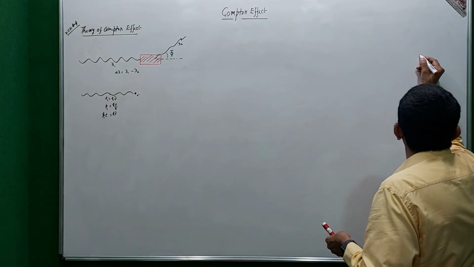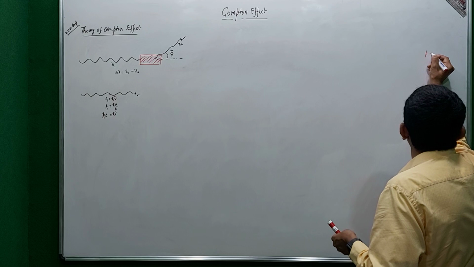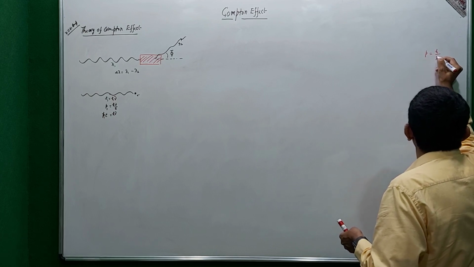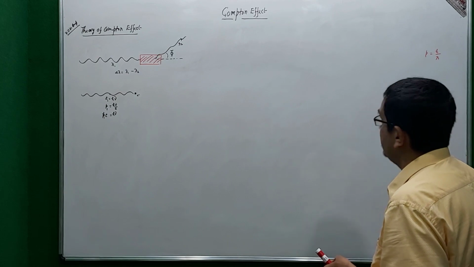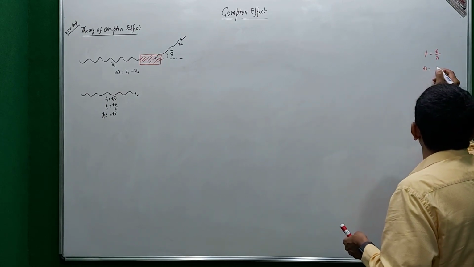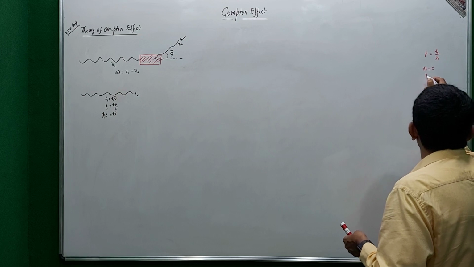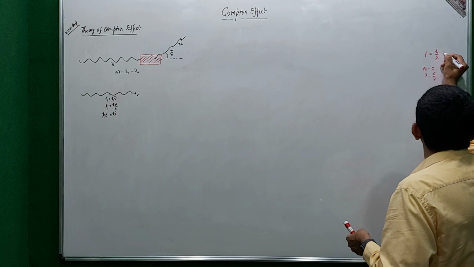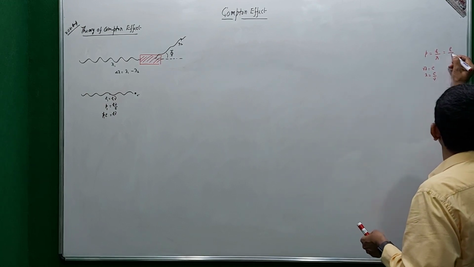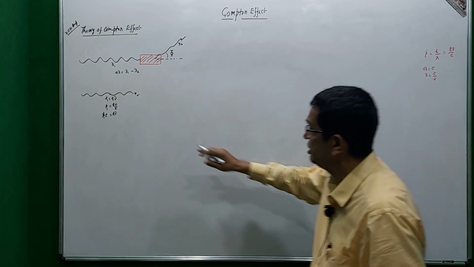According to the de Broglie hypothesis, the momentum of the particle P = h by lambda, and we also know that for a wave, nu lambda = c, or lambda = c by nu. Therefore, if you substitute here, it becomes h by lambda with lambda = c by nu, so this becomes h nu by c, which we have written here.